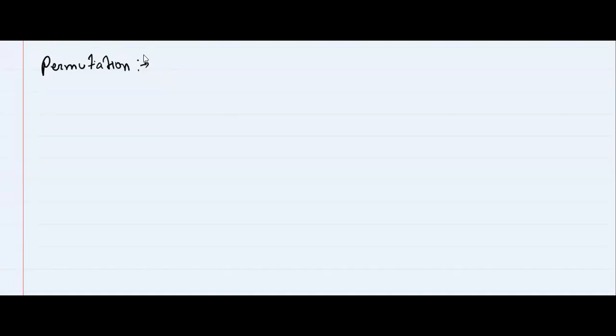Okay, so what's the meaning of permutation? If I have to tell you the meaning of permutation, then it is basically selection and arrangement. What does selection and arrangement mean? Suppose you have 10 books.